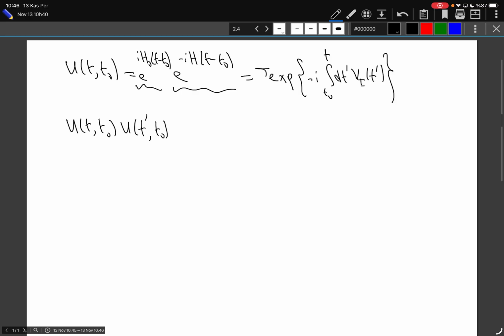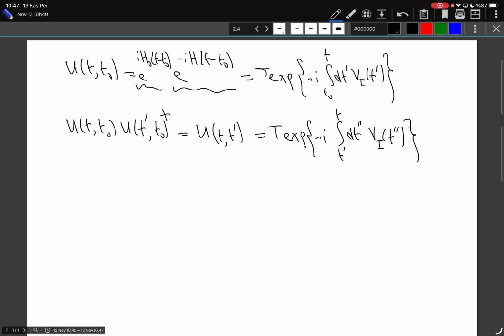We had said that this is equal to U dagger of t prime times the time-ordered exponent of minus i integral from t prime to t of dt double prime V_I(t double prime). These are things that we had used.